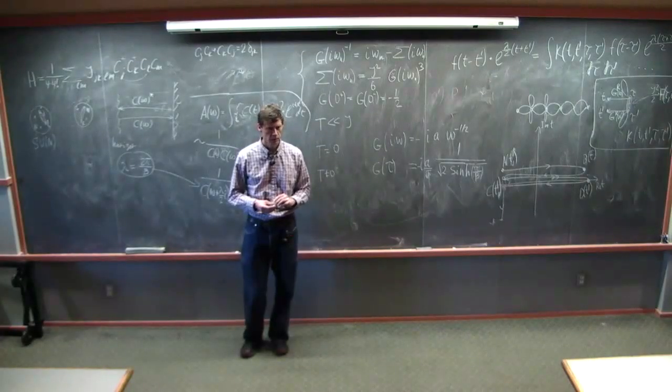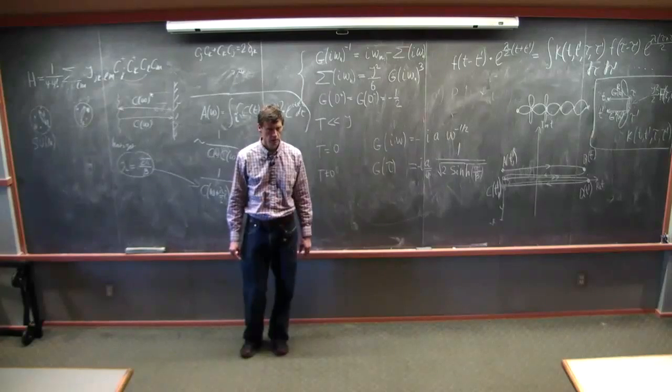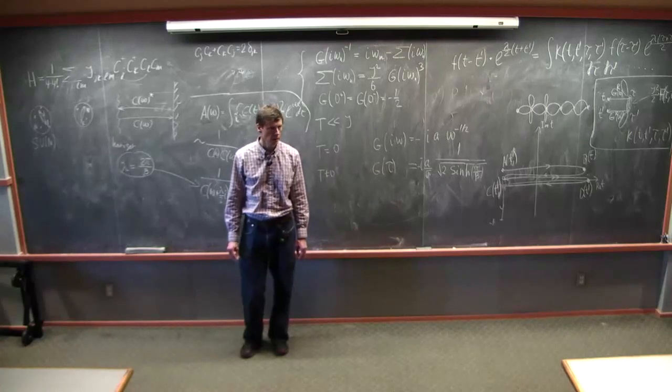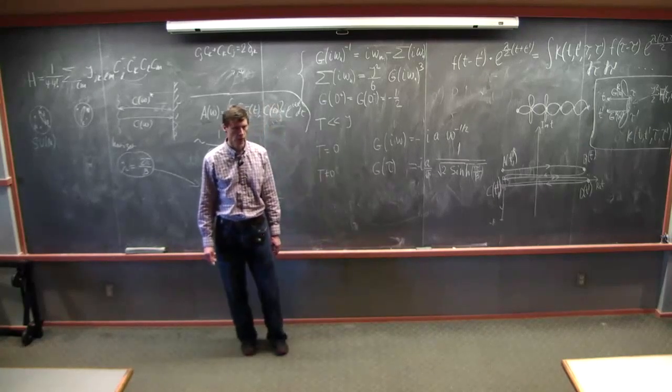KMS, what is KMS? There's a periodicity in the imaginary time axis of the two-point function, and it's analytic in this strip in the imaginary direction that has a finite width. Yeah, of course. You can always do this.